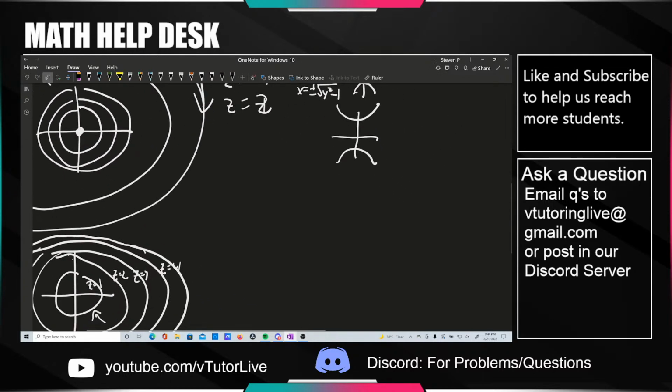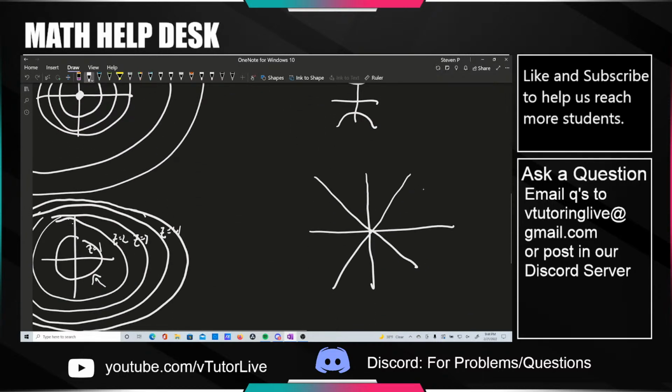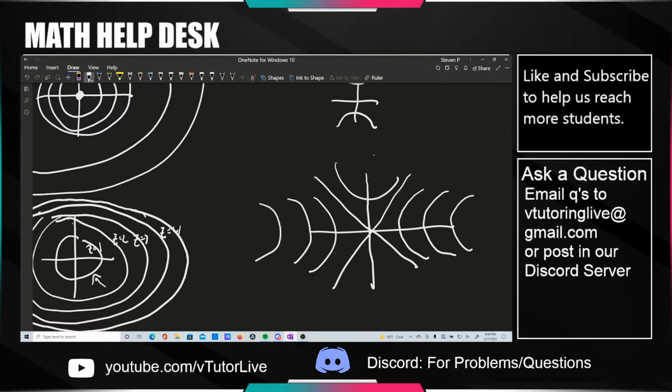And as for this one, this is going to be a little harder maybe, but you're superimposing all the stuff we talked about earlier, where you have positive z going out like this. So these are the lines of positive z, and I think these are the lines of negative z. Shoot. There may also be a steepness consideration.